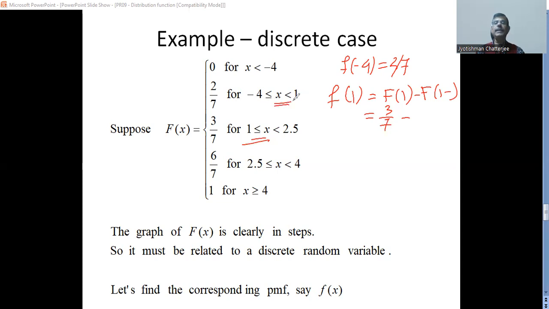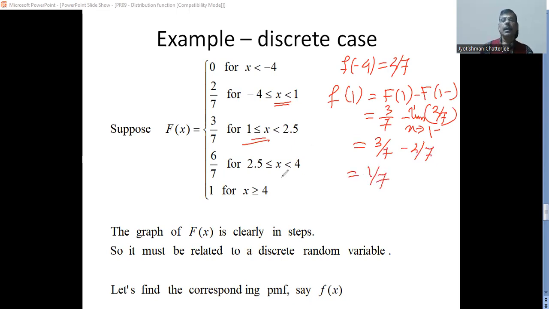What is happening to the left-hand side of 1 is given by 2 by 7, that is, the limit as x goes to 1 minus is 2 by 7. So that is 3 by 7 minus 2 by 7, which is equal to 1 by 7.